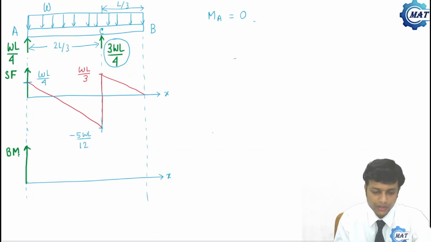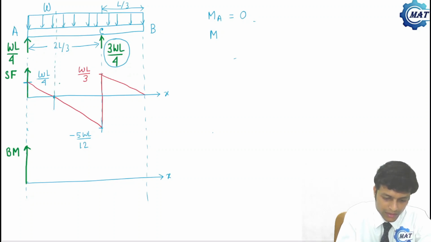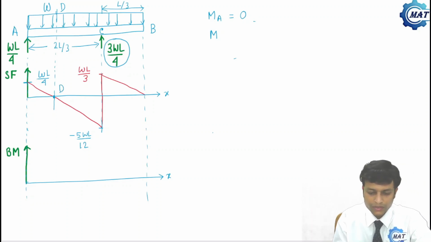So MA is 0. Now what is MC? First let me locate this point once again. This point is C, and this point is D. At D, shear force is 0.